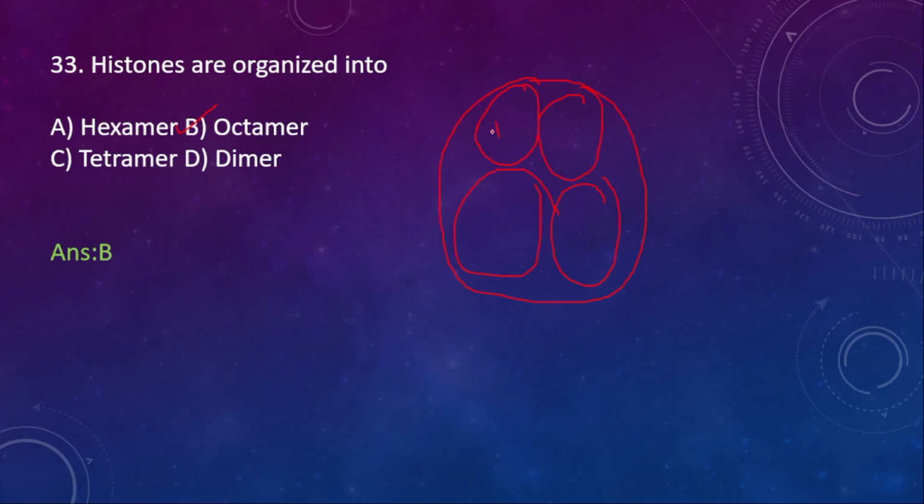Same like that there will be 2, 2, so they become 4, 8. H2A will be 2, H2B will be 2, H3 will be 2, and H4 will be 2. That's what it is called, what? Octamer. Histones are organized into octamers: 1, 2, 3, 4, 5, 6, 7, 8.